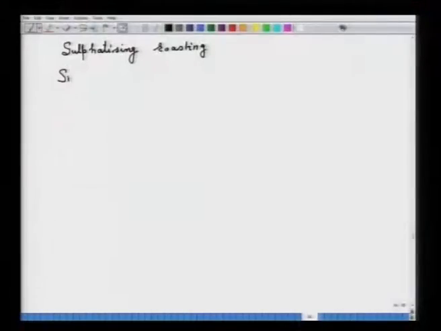Another important method is sinter roasting. Now, in sinter roasting, what is done?